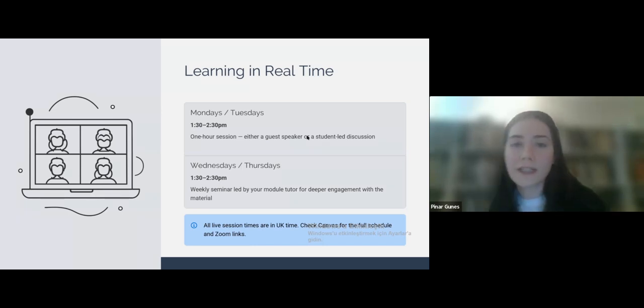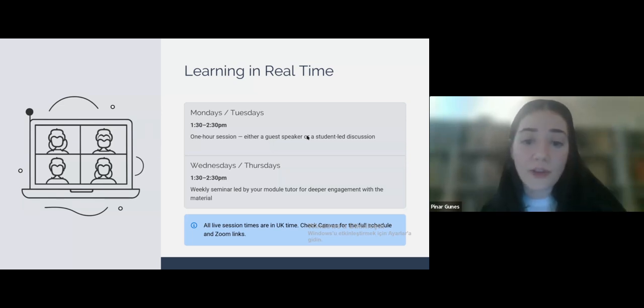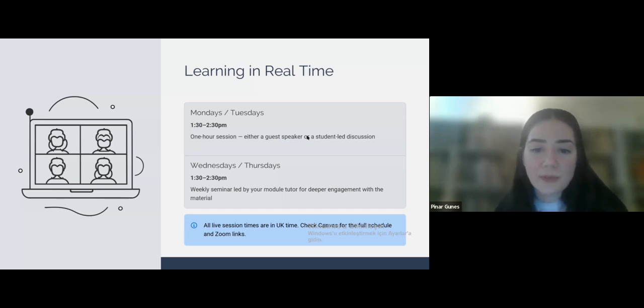So for each module, there's only 1 guest speaker session and 1 weekly seminar. And these weekly seminars on Wednesdays or Thursdays are led by the module tutor for deeper engagement with the material.